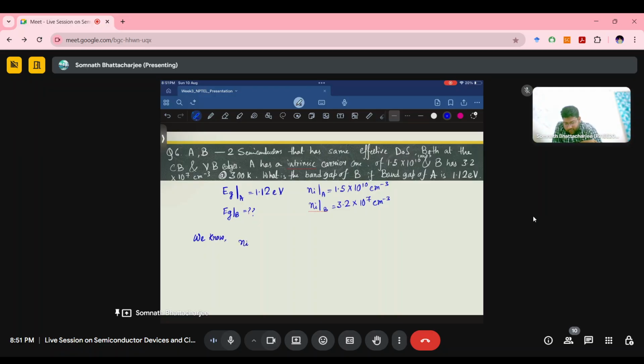What is Ni of A and Ni of B? Let's write it like this. And we also have the value of this, 1.5 × 10^10 by 3.2 × 10^7. And what is the equation we can get from this?